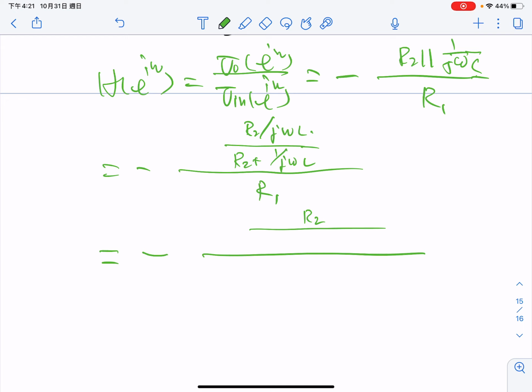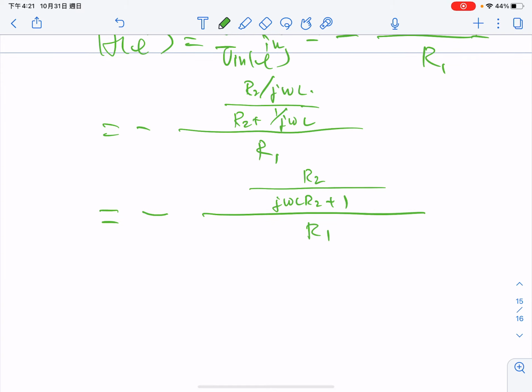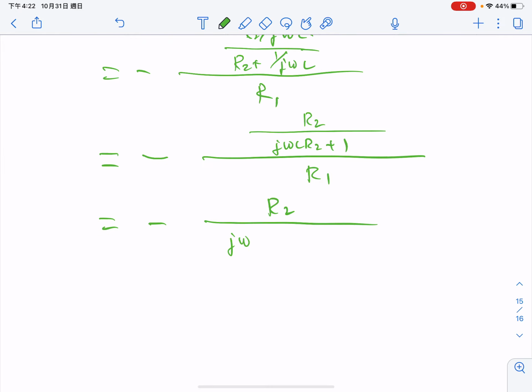Then we have j omega C R2 plus 1, right? And we have R1. Okay, and then we have minus R2, which over j omega C R1, R2 plus R1.